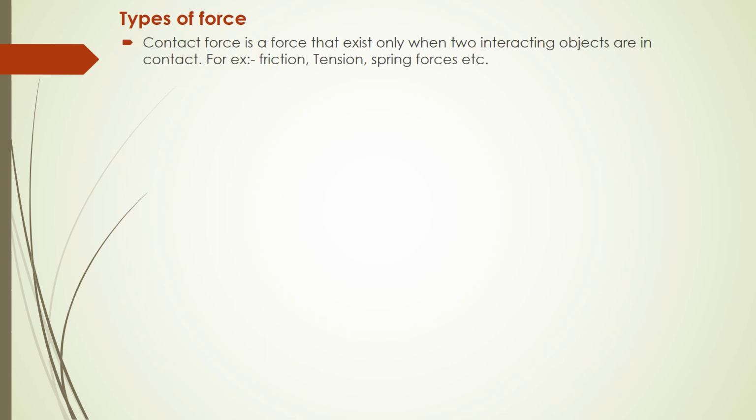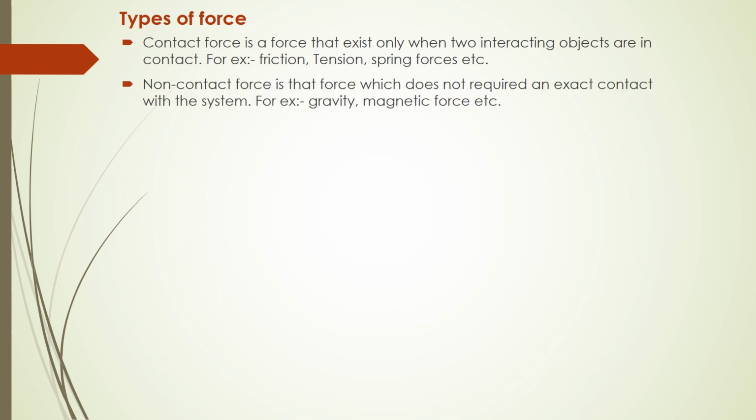Okay, now we're going to look at what types of forces there are. First, there's the contact force, which is a force that exists only when two interacting objects are in contact. For example, friction, tension, spring forces, and normal forces are also contact forces. Then there are non-contact forces, and those don't require there to be any kind of contact with the system.